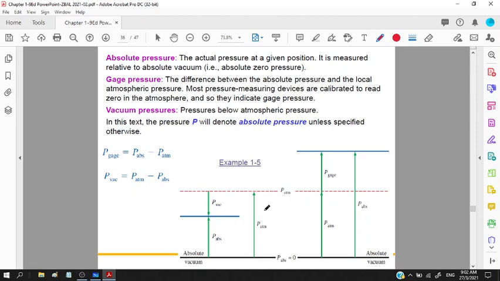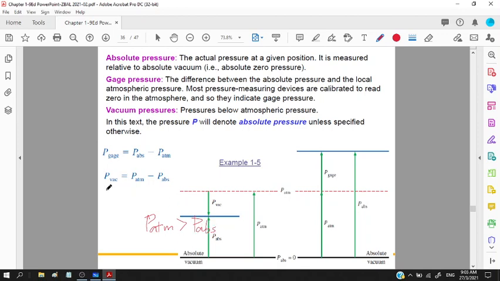When the atmospheric pressure is greater than the absolute pressure, what we have inside the tank is called the vacuum pressure. This is the case of P atmospheric greater than P ABS.